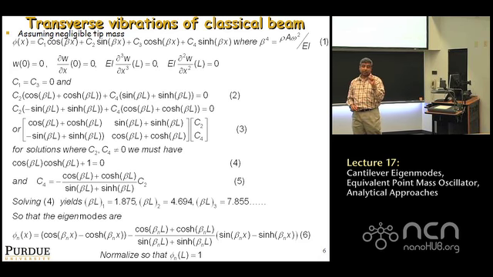Each beta corresponds to a value of omega, a natural frequency, and that's how you get all the natural frequencies of the beam, simply by looking at what are the values of beta that satisfy equation 4. Every value of beta that satisfies equation 4 gives you the corresponding natural frequency. By simply solving equation 4 for beta values.